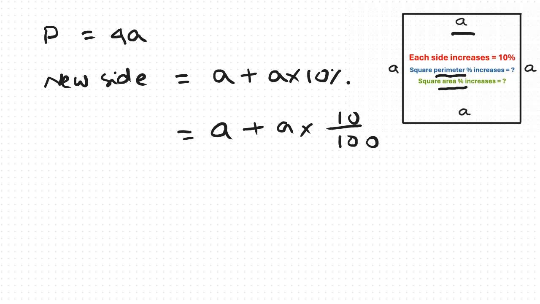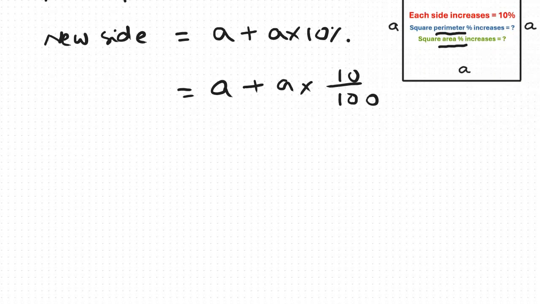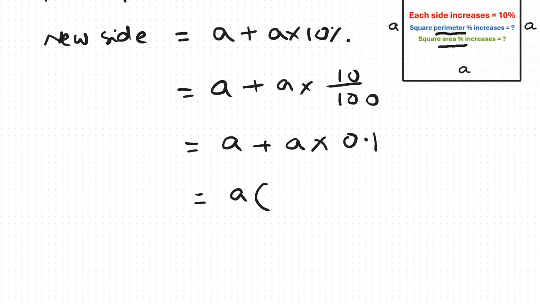Next we can write a plus a times 0.1, or we can take a as a common term, a times (1 plus 0.1).